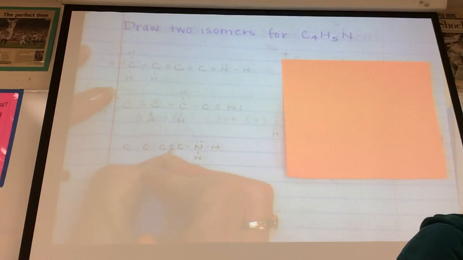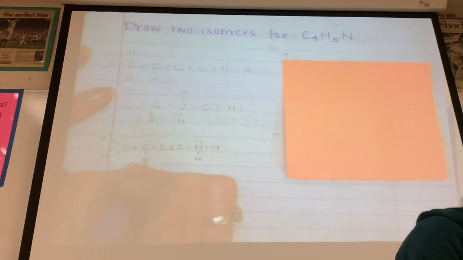I'm not sure we could get there. Yep, you can, right here. So that's a good way to go about it with your isomers.